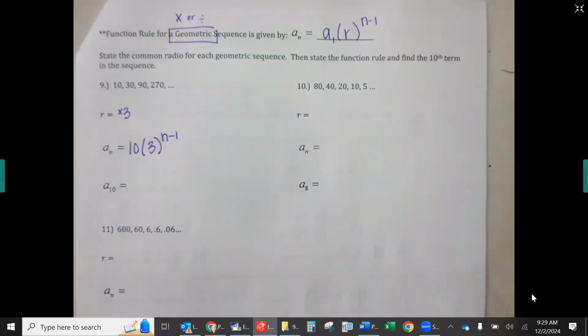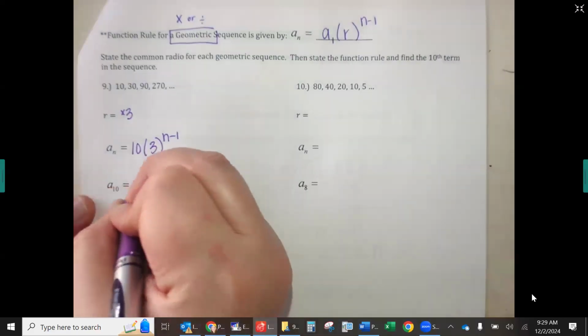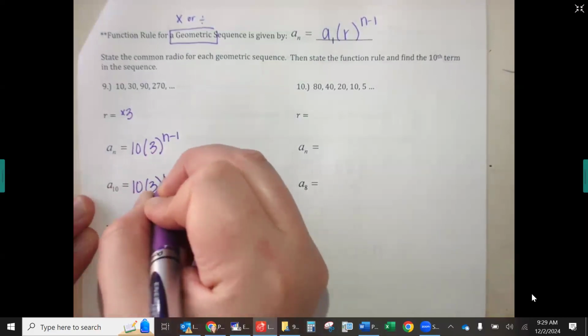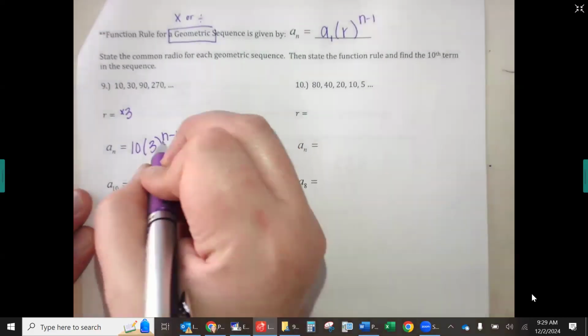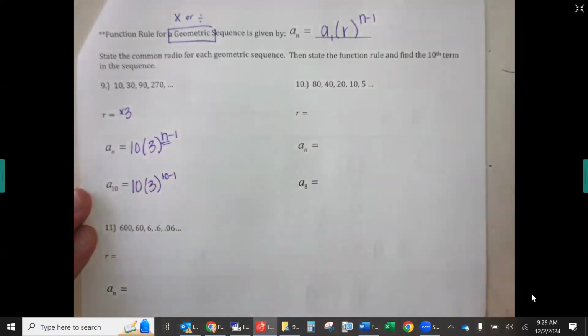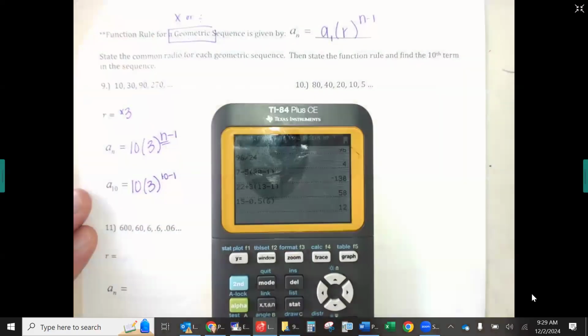Then if I want to find the 10th term in the sequence, literally just plug in a 10, put it in your calculator. Now, because you're timesing on these formulas, the numbers do get big a little bit faster than on the other one. But you're plugging in the number where the n is, which is a little number in the exponent up top.